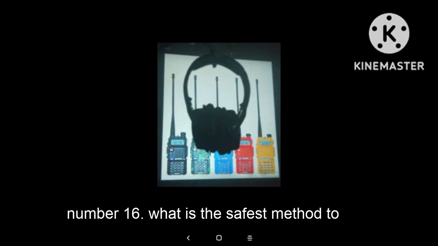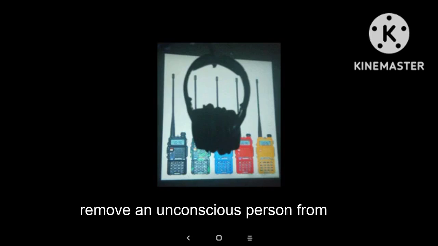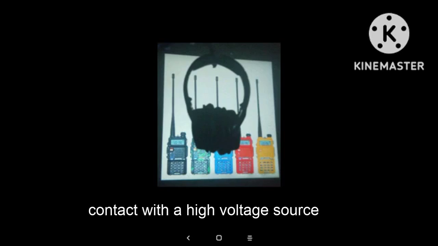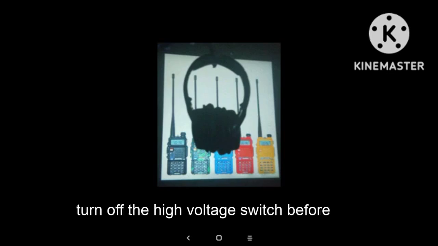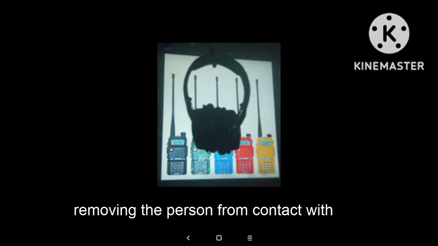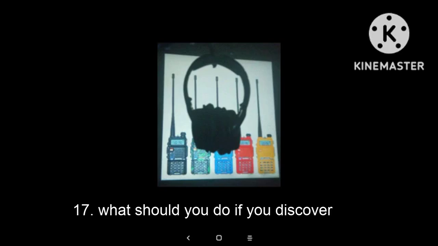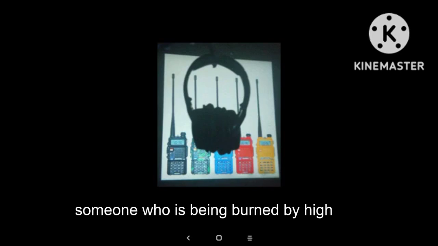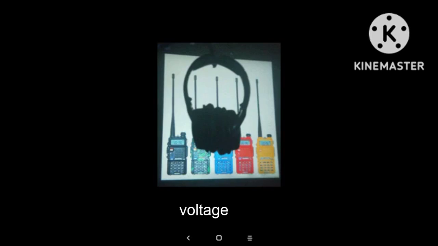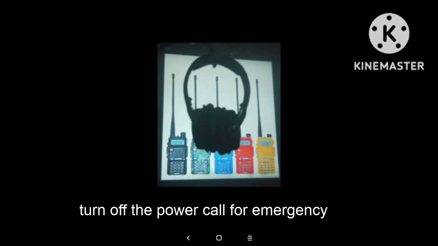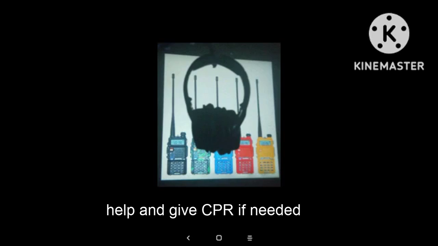What is the safest method to remove an unconscious person from contact with a high voltage source? Turn off the high voltage switch before removing the person from contact with the source. Number 17. What should you do if you discover someone who is being burned by high voltage? Turn off the power, call for emergency help, and give CPR if needed.